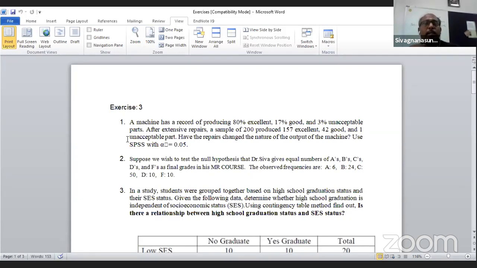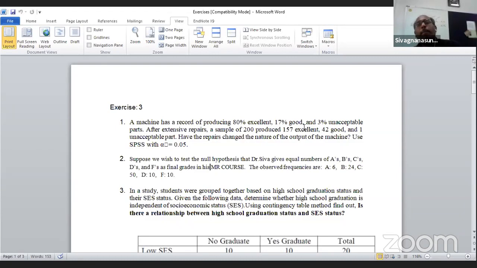I'm doing the chi-square test because it is count data. There are 3 classifications: excellent, good, and unacceptable, and what I have is the number. So in your data set, if you are coding excellent as 1, there will be only 1 column in the data set. You should be entering 157 rows as 1.